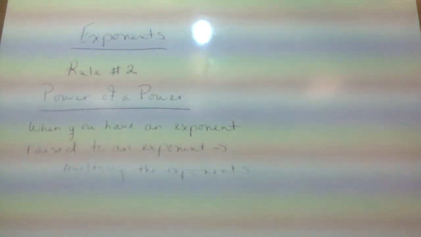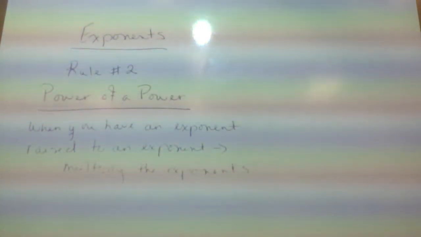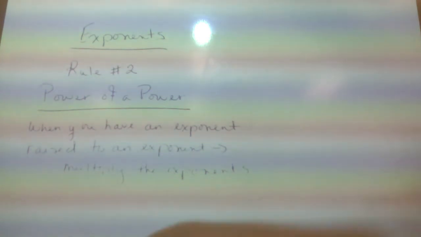In the previous lesson, we looked at when we're multiplying by the same base, you add the exponents. But here, this lesson's going to be on when you have an exponent raised to an exponent, you are going to be multiplying the exponents. Let's just make sure you guys can see that.